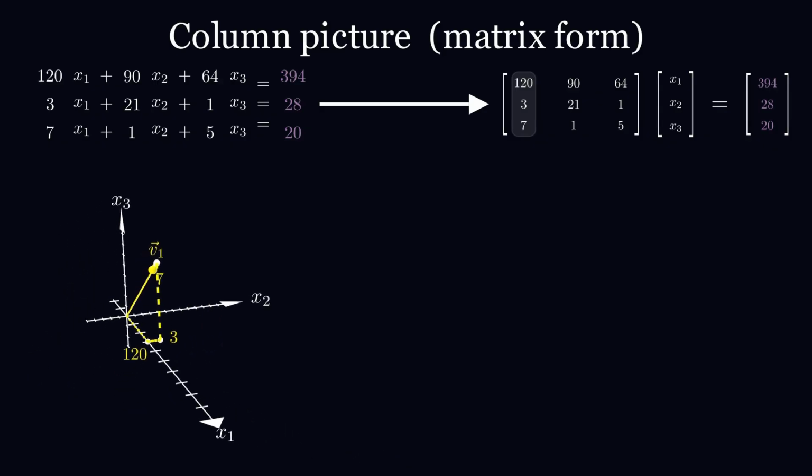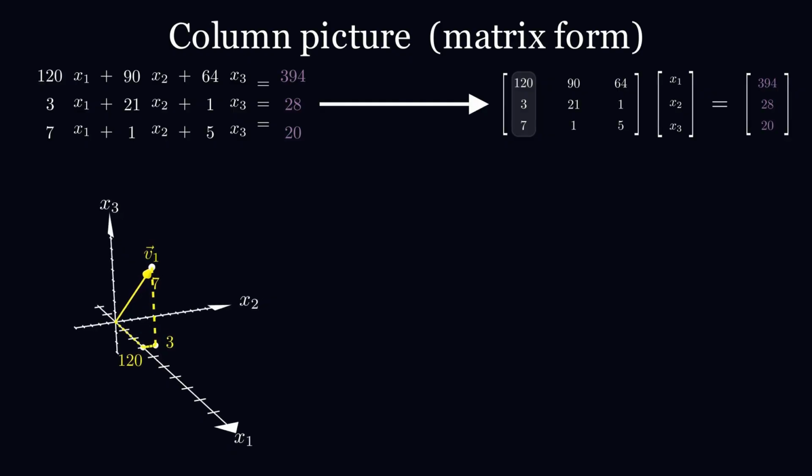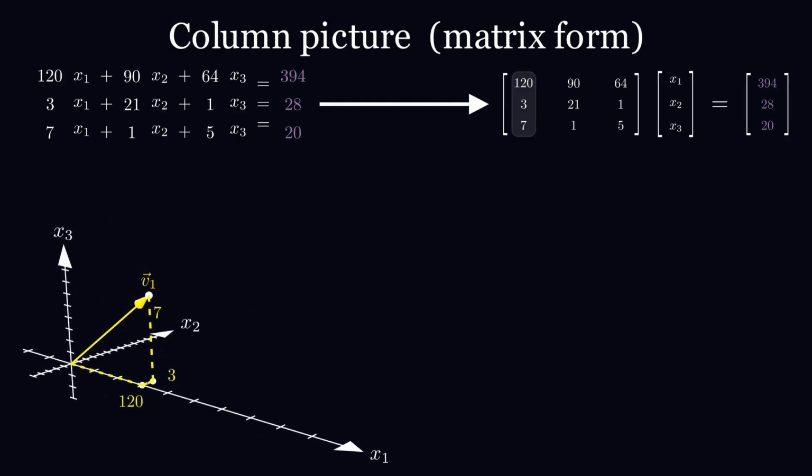Each vector gives us a direction we can move in, and we are not stuck with just the original vectors. We can scale them. For example, we can stretch them, shrink them, or even reverse their direction. So if we take a vector and multiply it by a number, it changes the length, but it stays on the same line.